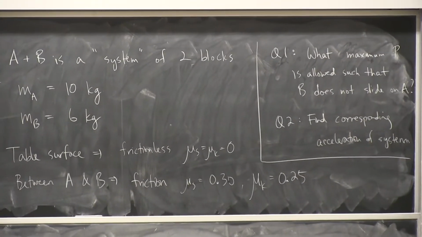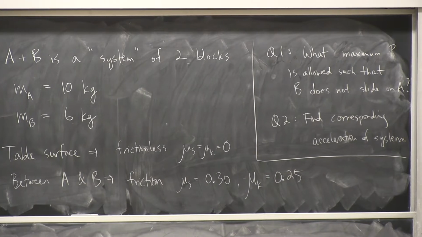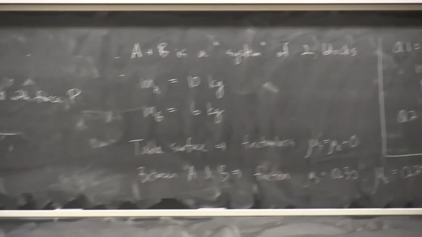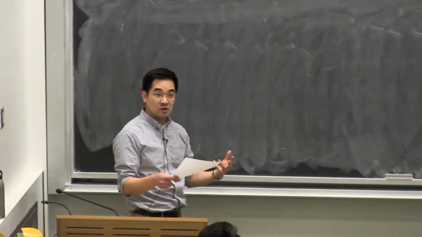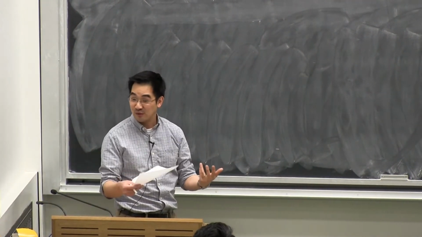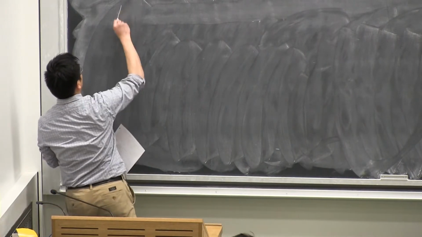When you think about it, it's asking for specifically when B and A don't move against each other. So B and A moving against each other, that's an internal force, right? So if you treated the whole thing as a system, you'd be hiding the internal forces and you wouldn't be able to figure that part out. So you're absolutely right.